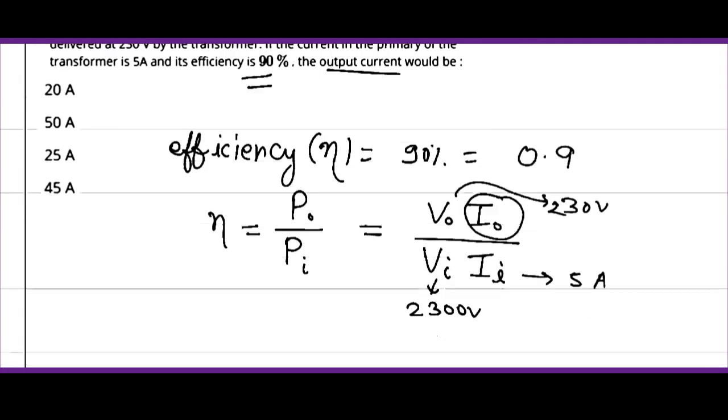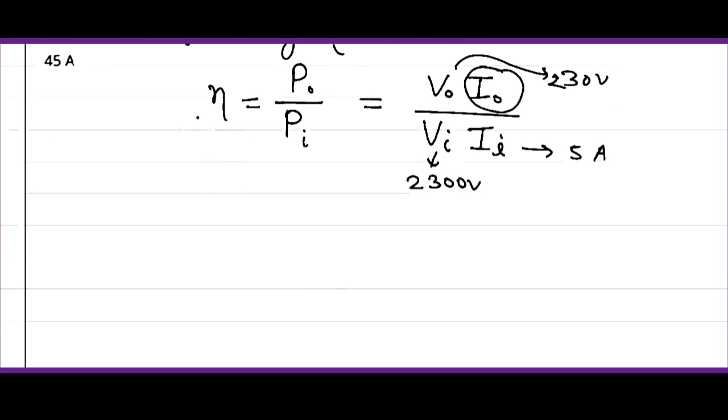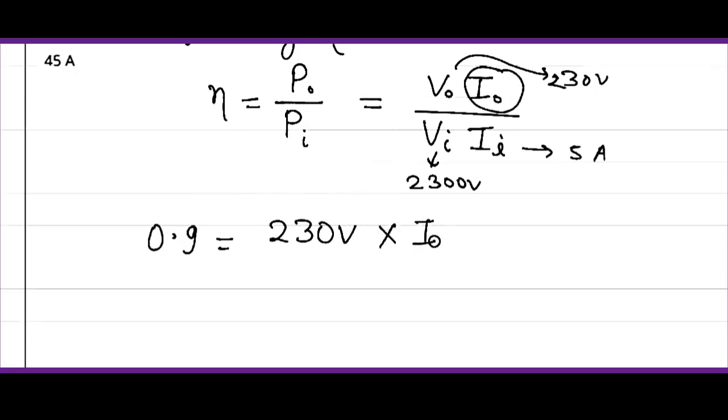If we substitute the values here, eta is 0.9, and this will be equal to the voltage output, that is 230 volt, into the current output, divided by the voltage input, that is 2300 volt, into the input current, that is 5 ampere.